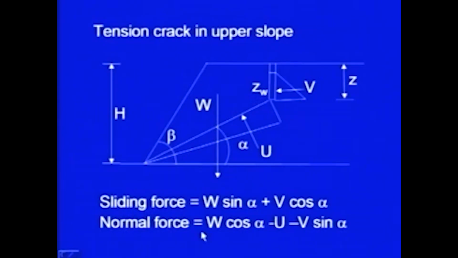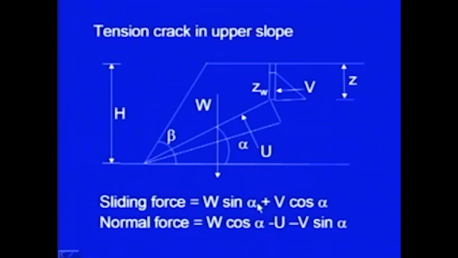The normal force, that is in this direction, will be W cos alpha, and here an additional component U is coming. So, it is acting in this direction. So, minus U, and minus one component of V, the component which is acting in this direction perpendicular to the plane. So, it will also be in the negative direction. So, minus V sin alpha. So, you can appreciate here what the presence of water is going to do.